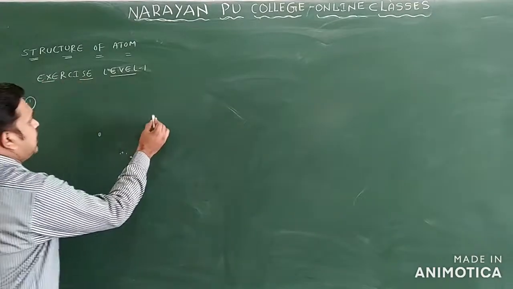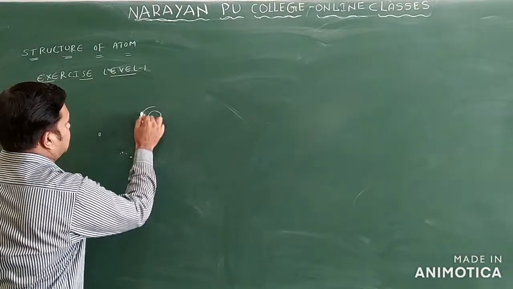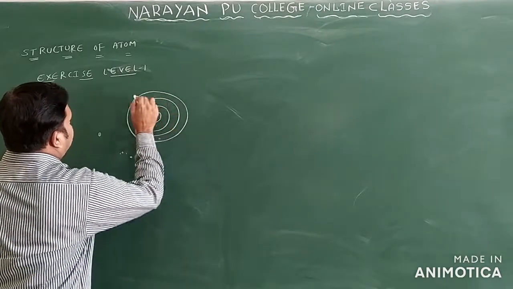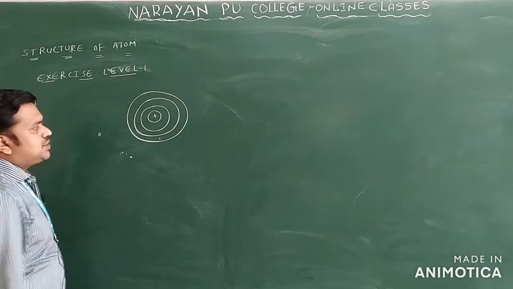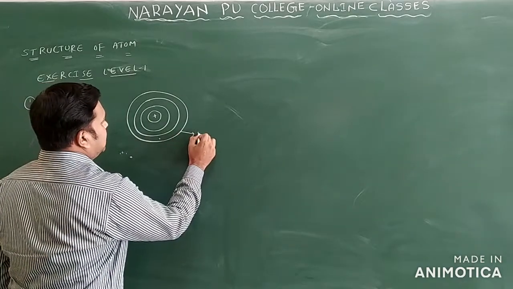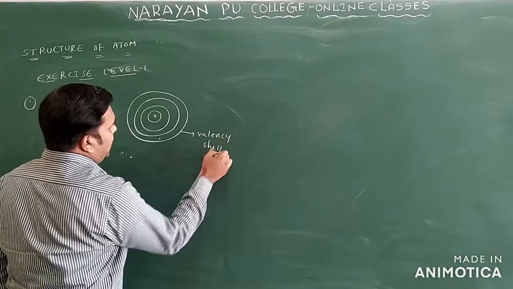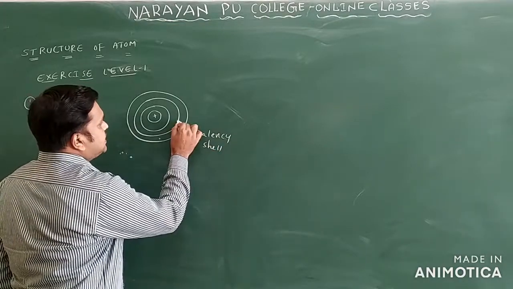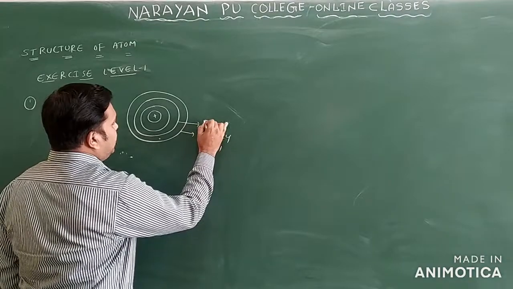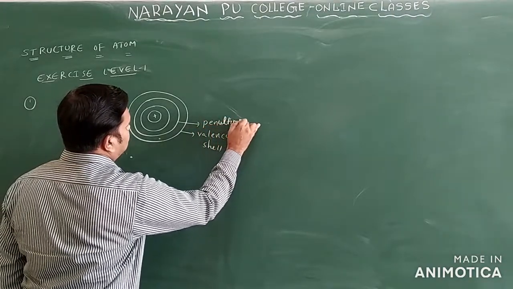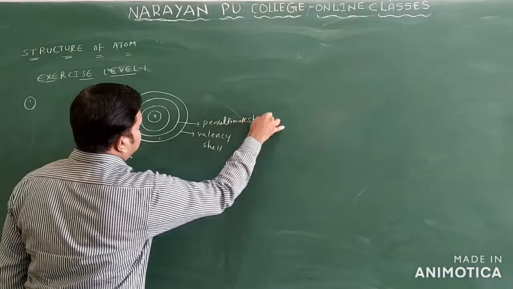So let us see, this is an atom. You can see here the center part you are calling a nucleus only. Already we discussed this is a positive charge. So this is the last shell only. The last shell of the orbit we are calling the valence shell. The shell just before the valence shell you are calling the penultimate shell.